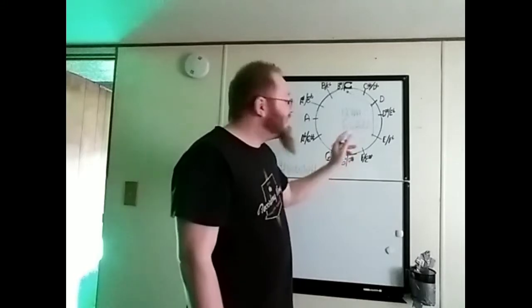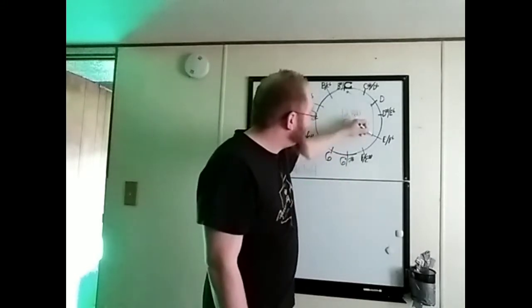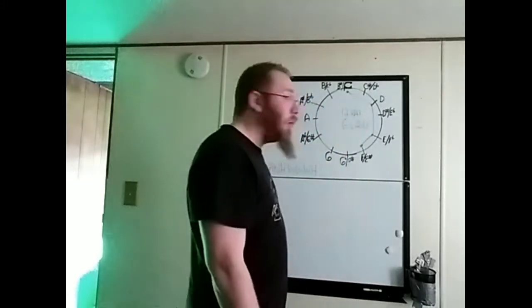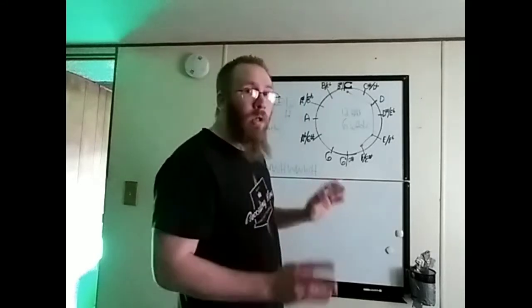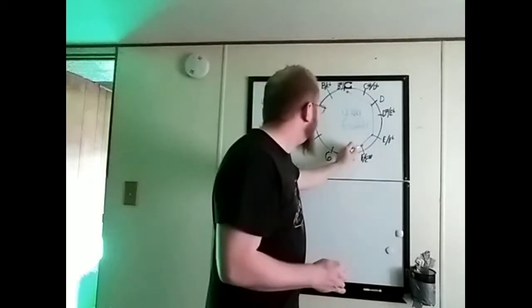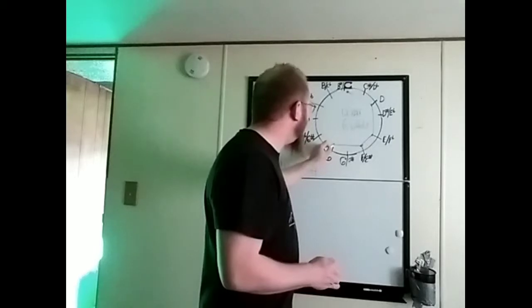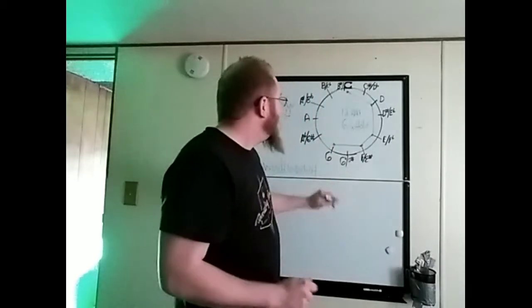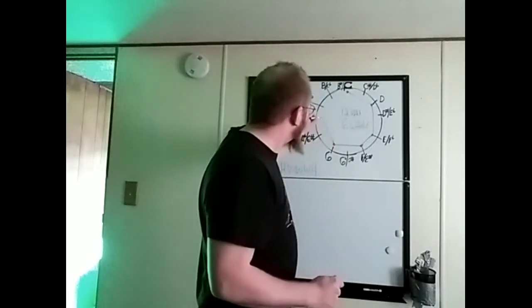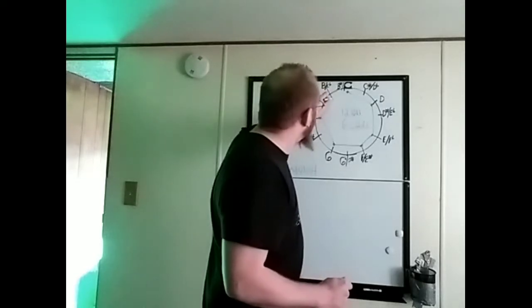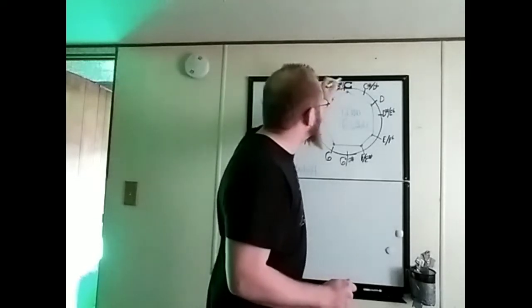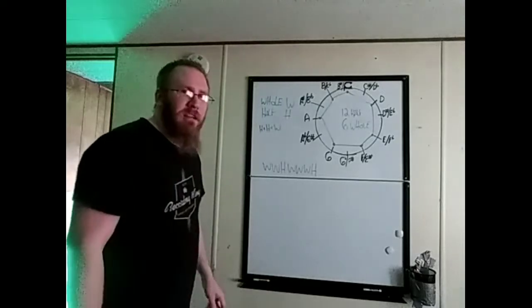You got E to F, which is a half step. Whole, whole, half. Now we have whole, whole, whole, half. So we have F to G, then G to A, A to B, and B to C finishes the scale.